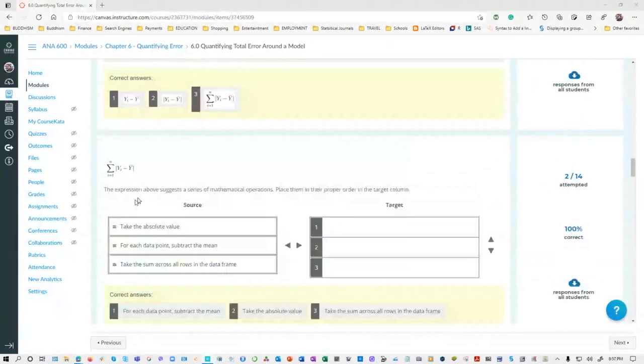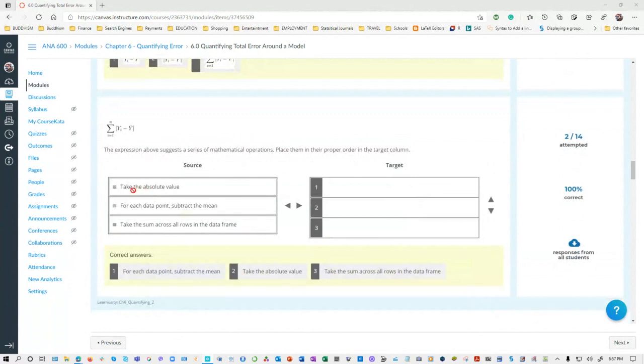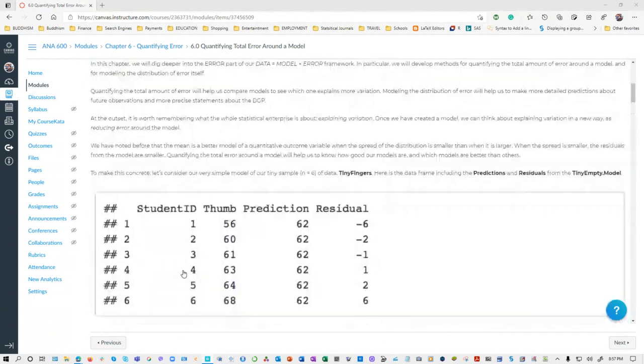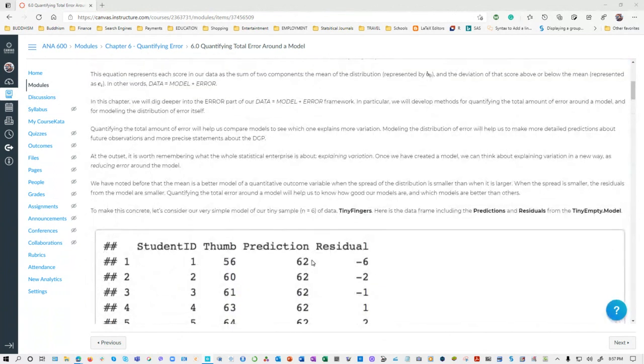The expression above suggests a series of mathematical operations. Place them in their proper order in the target column. Take the absolute value. What's the proper way of doing this? For each data point, subtract the mean. That's the first thing to do. You subtract the mean from each data point, the same way we did 56 minus 62.